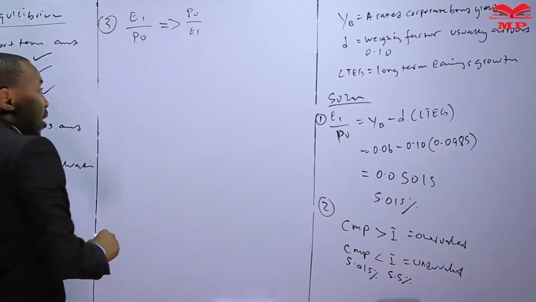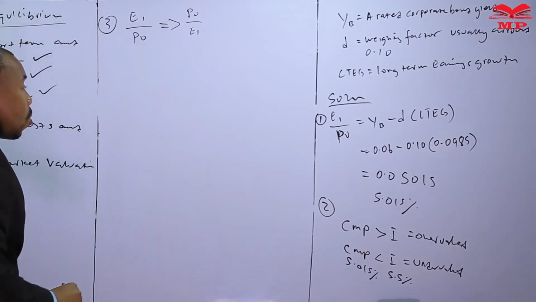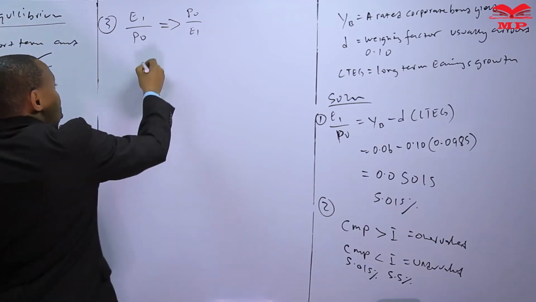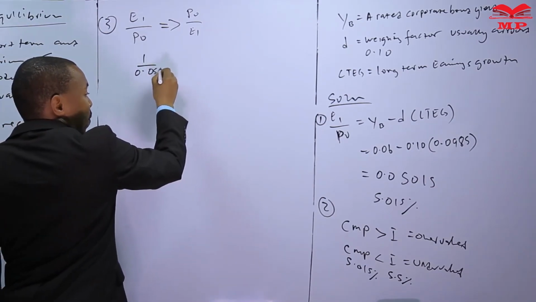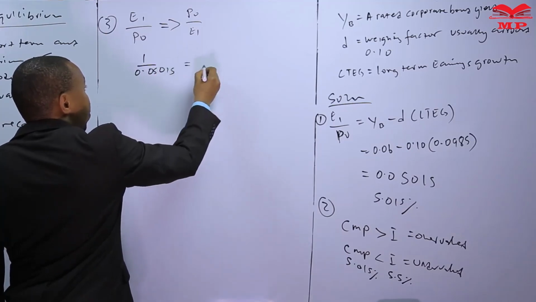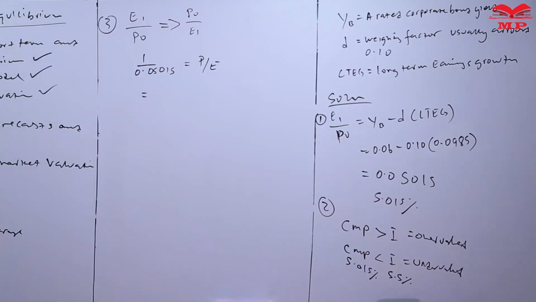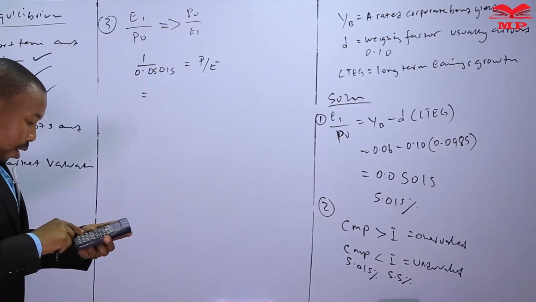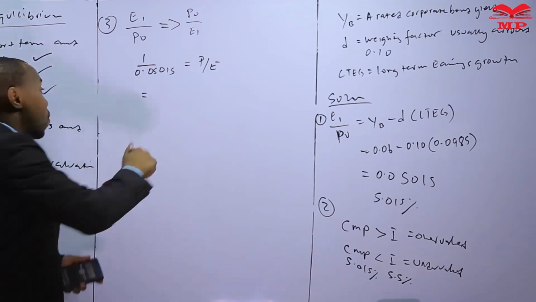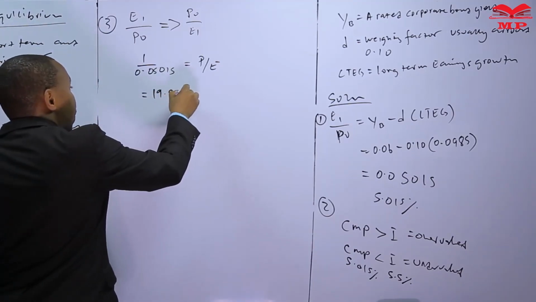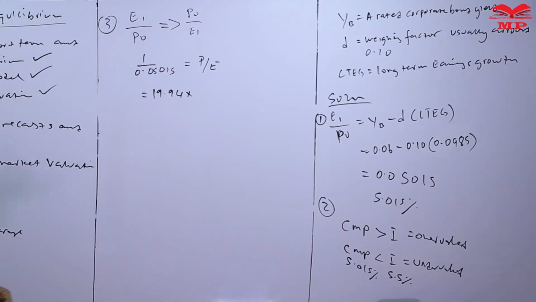From your calculator, you can get 1 over 0.05015. How much is that? We get 19.94 times. That is the PE ratio.